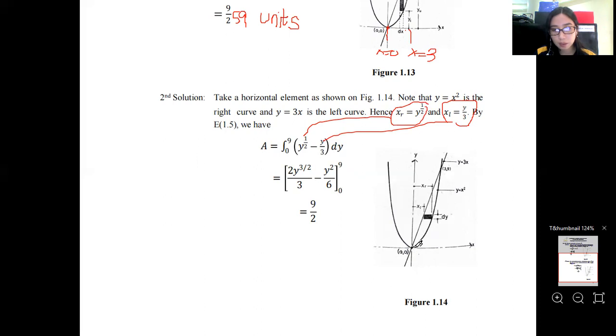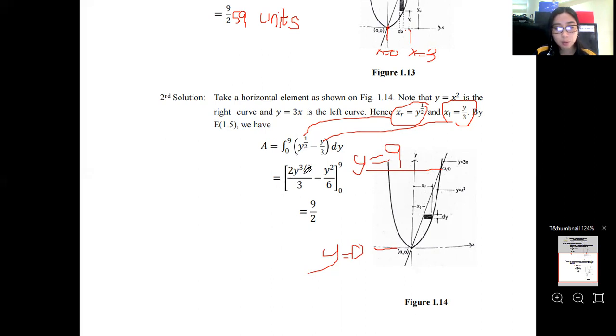The limit is from y equal to 0 up to y equal to 9.